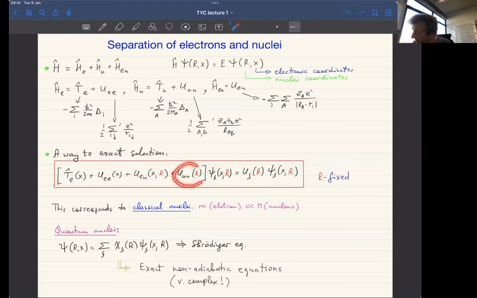But we still include it so that the eigenvalue of this Schrödinger equation would correspond to the total energy of the system, in which electrons are treated quantum mechanically and nuclei are treated classically. So this object is called the potential energy surface, and it's very, very useful, as you will see in the following.